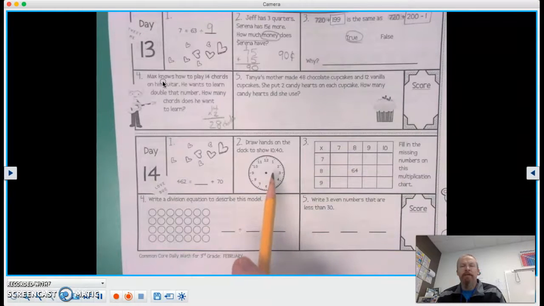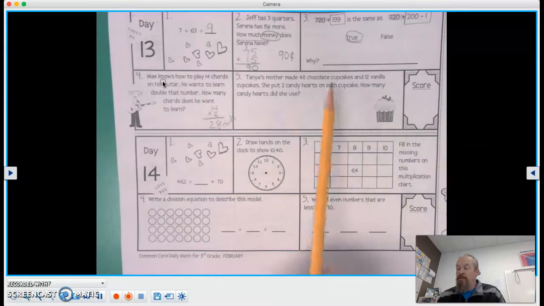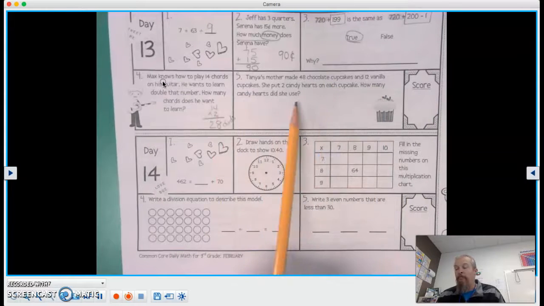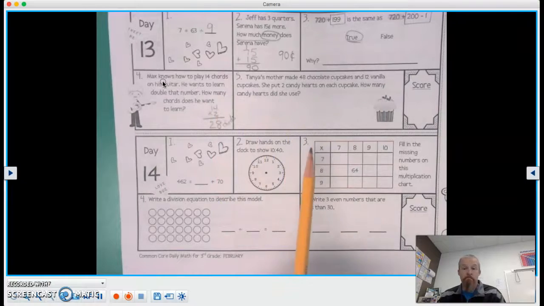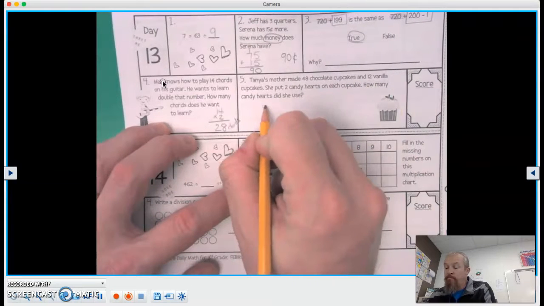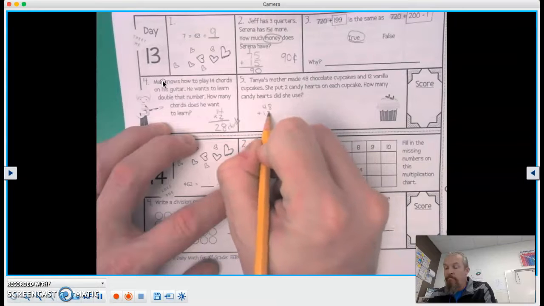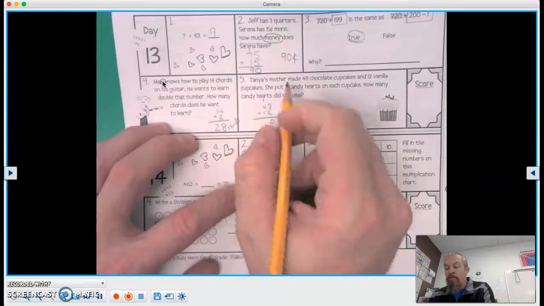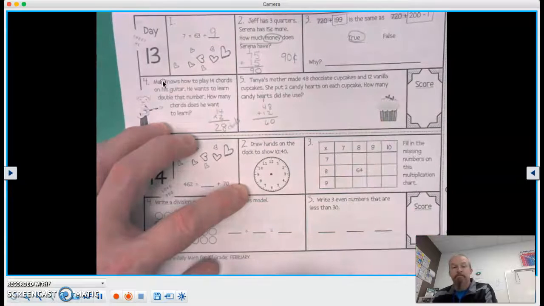And number 5, Tanya's mother made 48 chocolate cupcakes and 12 vanilla cupcakes. She put 2 candy hearts on each cupcake. How many candy hearts did she use? So that's not just on the 48 chocolate cupcakes, or it's not just on the 12 vanilla cupcakes. It's all of them, right? So let's add 48 plus 12. 8 plus 2 equals 10. 4 plus 1 plus 1 is 6.